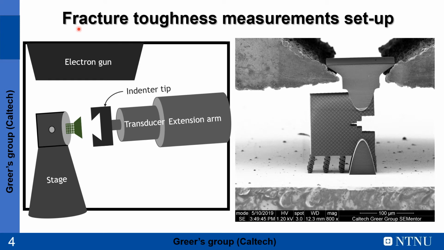First of all, the Greer group performed fracture toughness measurements, and here you can see the setup on the left, which is a scanning electron microscope with an indenter tip modified to perform experimental tensile tests, as you can see in this picture, on CT specimens fabricated by means of additive manufacturing, in particular with the two-photon lithography method.